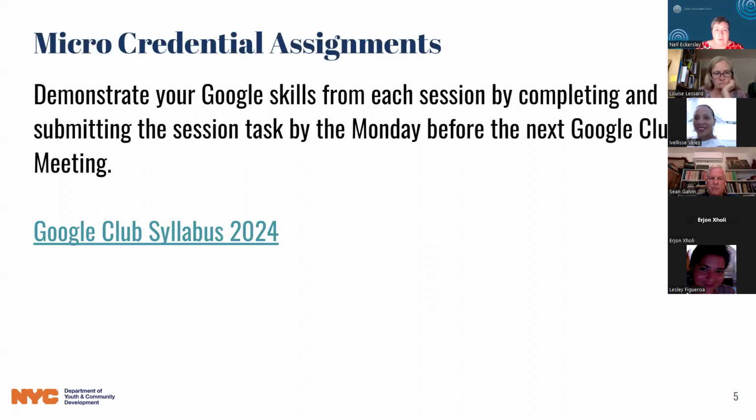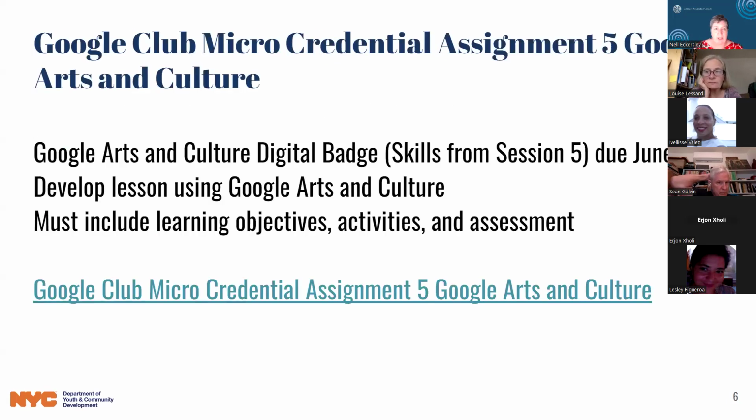A reminder that throughout the last, I guess, six months, we've really been doing this year, we've included a set of micro-credentials, which we're calling micro-credentials or digital badges. This is the full syllabus, but we have one for today, which is to create a lesson plan that incorporates and integrates elements from Google Arts and Culture into a lesson, either a whole new lesson or a lesson you already do.